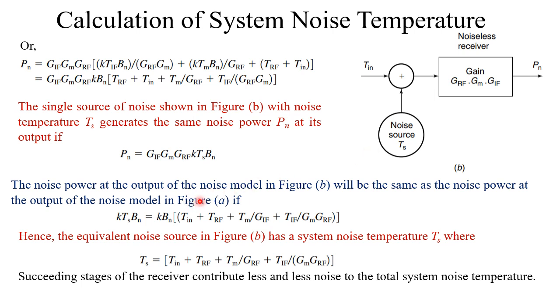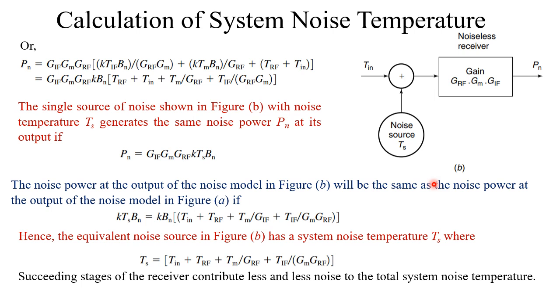So equating those two equations, we have kTsBn equal to kBn into Tin plus Trf plus Tm by Grf plus Tif by Gm into Grf, that we have discussed in the previous slide, right? So this kBn may be cancelled out on both sides. So the equivalent noise source with a noise temperature of Ts can be written as Tin plus Trf plus Tm by Grf plus Tif by Gm into Grf, right?